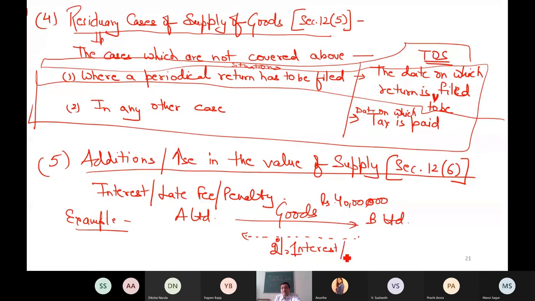And for example, B Limited delayed the payment of 40 lakh rupees for 1 month. So for 1 month, do you know how much is the extra amount that will be given by B to A?